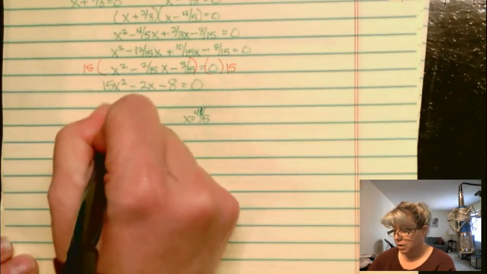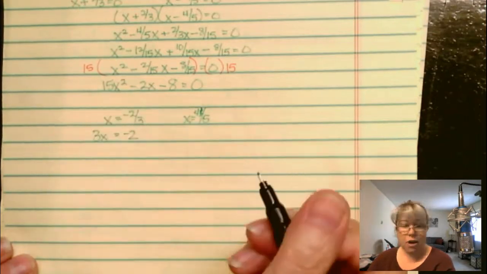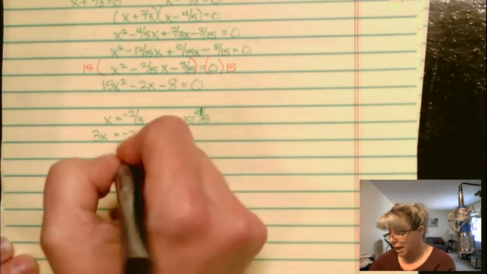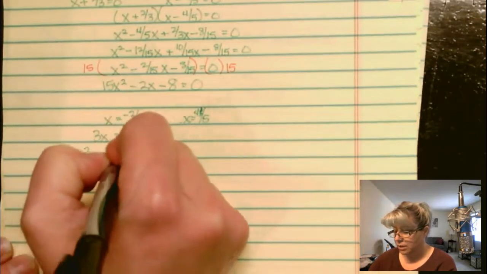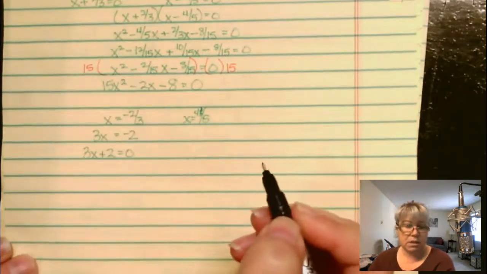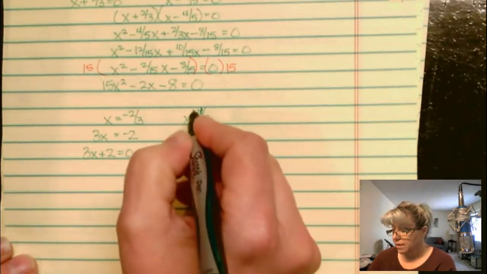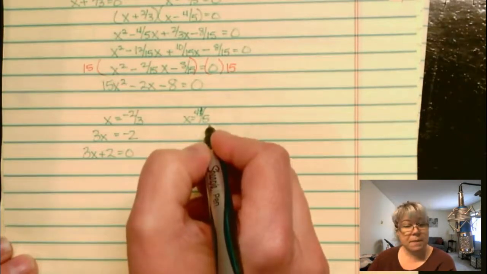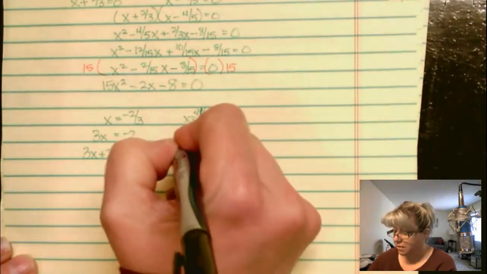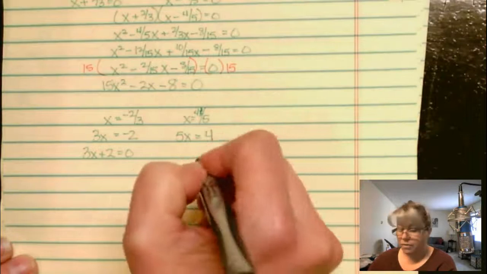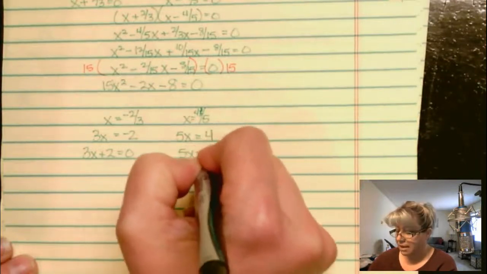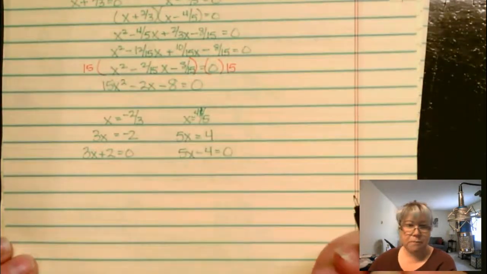That will give me 3x equals negative 2, fractions gone. Now I add 2 to both sides, I get 3x plus 2 equals 0. For x equals 4/5, I'm going to multiply both sides by 5, giving me 5x equals 4. Subtract 4 from both sides, 5x minus 4 equals 0.